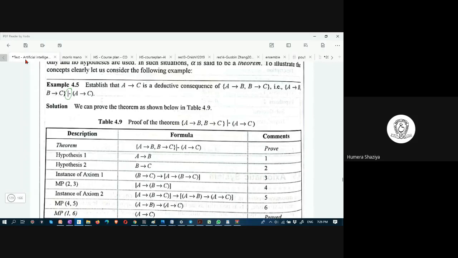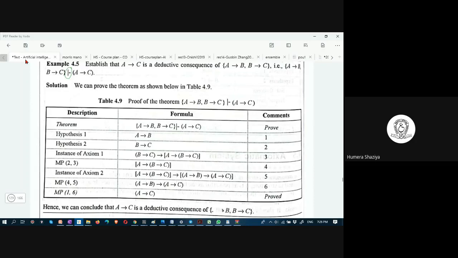How is it done? To understand that, let us walk through this proof of theorem. Theorem is given as whatever is there in the question, which is A implies B, comma B implies C. Deduce A implies C. This has to be proved.